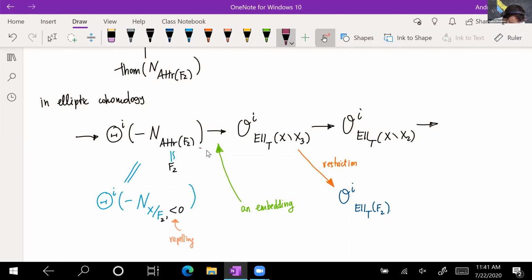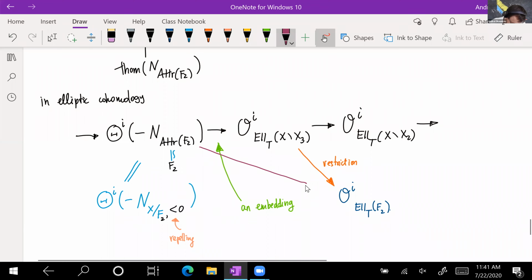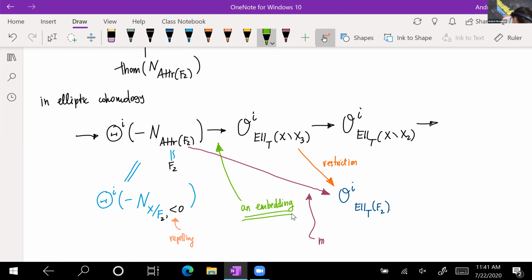And what is this composite map? This is just multiplication by the canonical section of the theta function. Maybe I'll make another attempt to draw this line. We're trying to prove that this is an embedding.